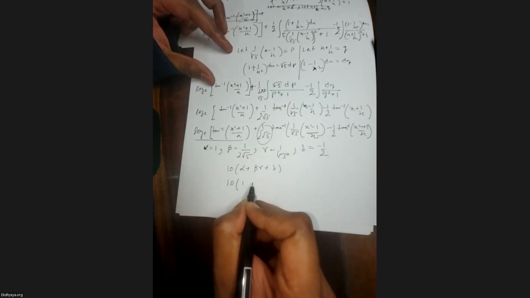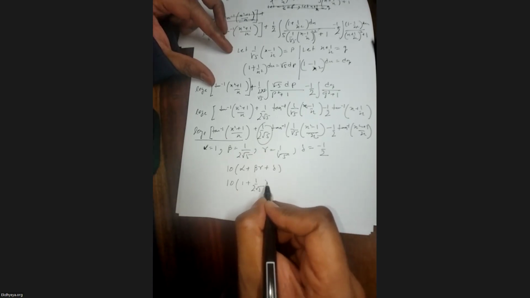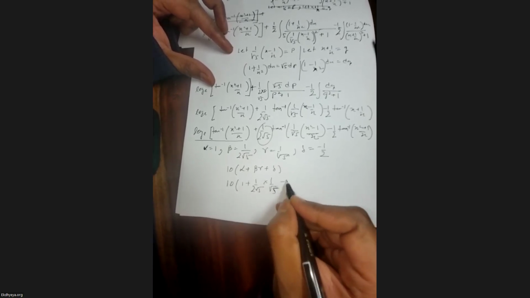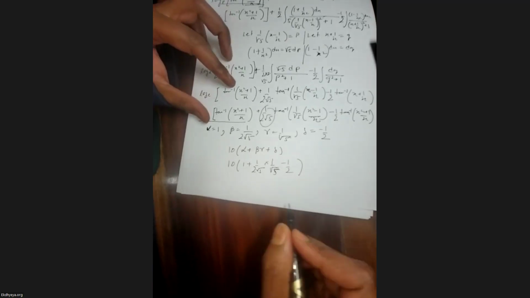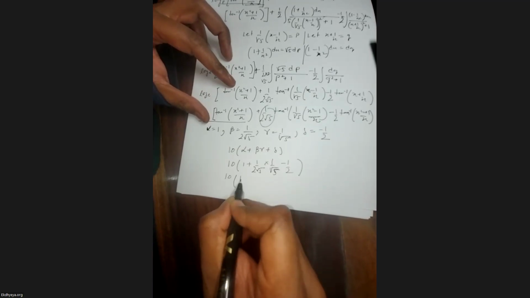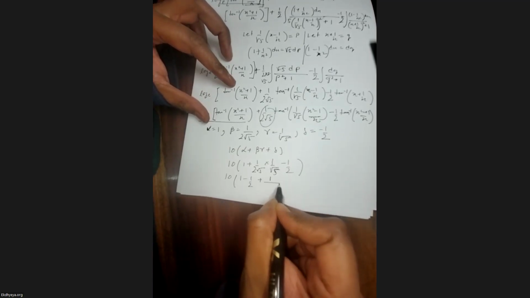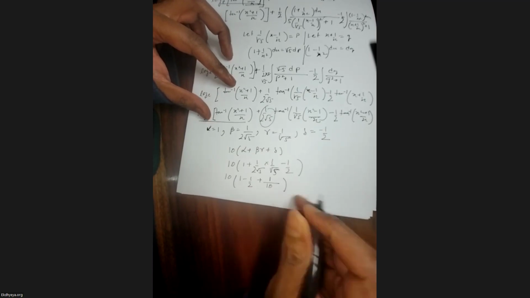So it is tan(1 plus (1 upon 2 root 5) into (root 5 times 2... ) minus 1 by 2). Basically, this becomes 10 into (1 minus 1 by 2 plus 1 upon 2 root 5 into 5 is again 10).